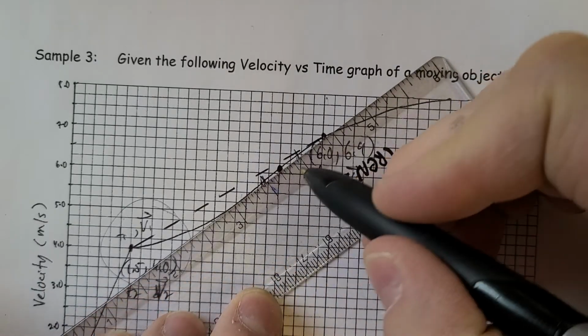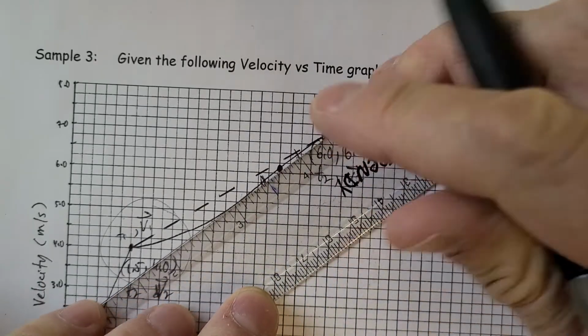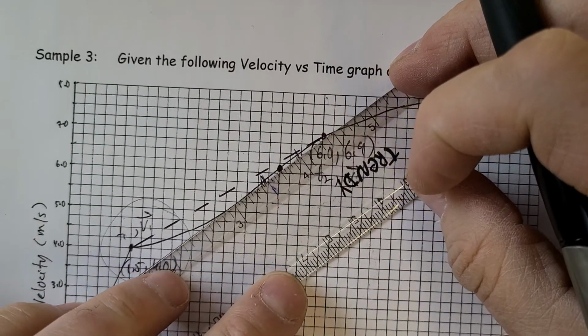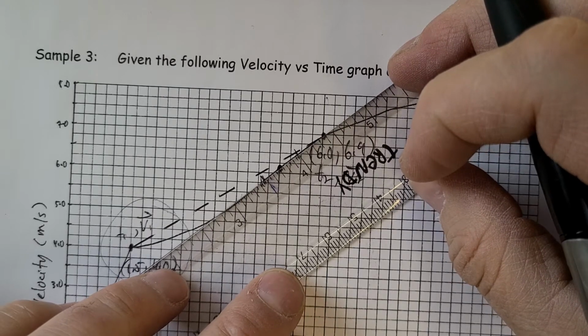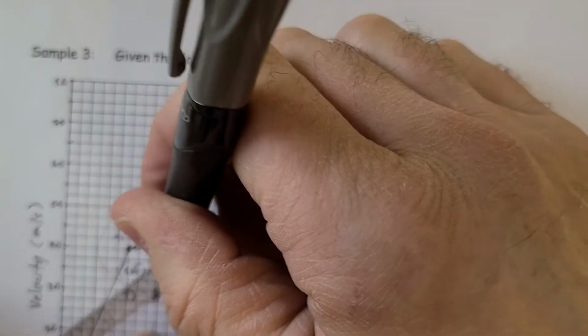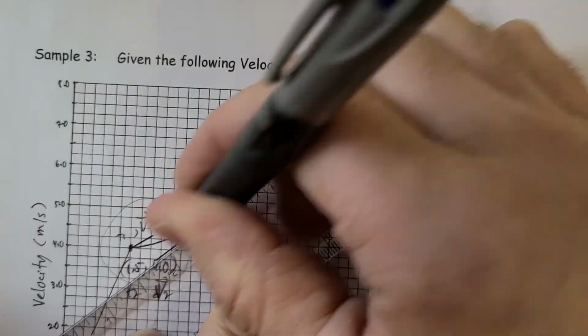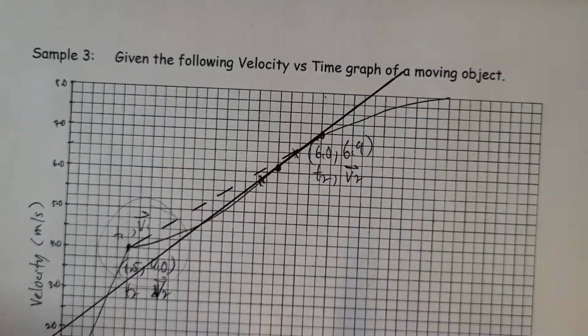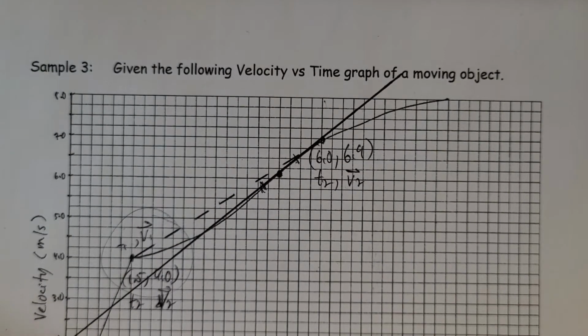So you can see what my ruler is doing. This is approximately the slope in that area. And then just move it so I just see that point and that point only. And then I can draw my tangent line.